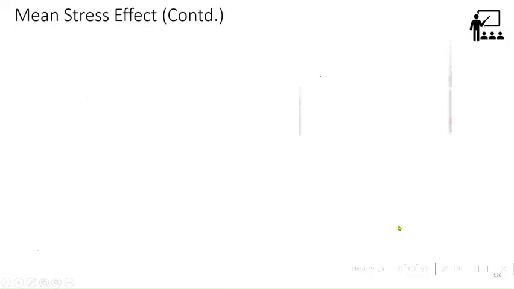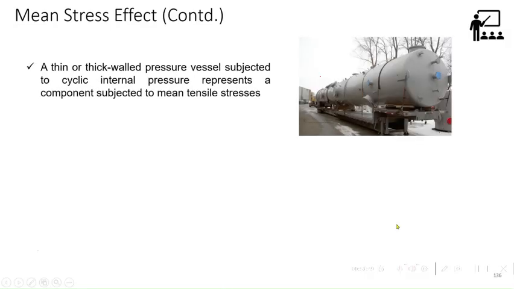These are the examples. To see a practical example, a thin or thick walled pressure vessel subject to cyclic internal pressure represents a component subject to mean tensile stresses. Though it will be pressurized and the pressure will be constant, there can be fluctuation, for example your gas cylinder. Once you have filled it up, it is constant, right?